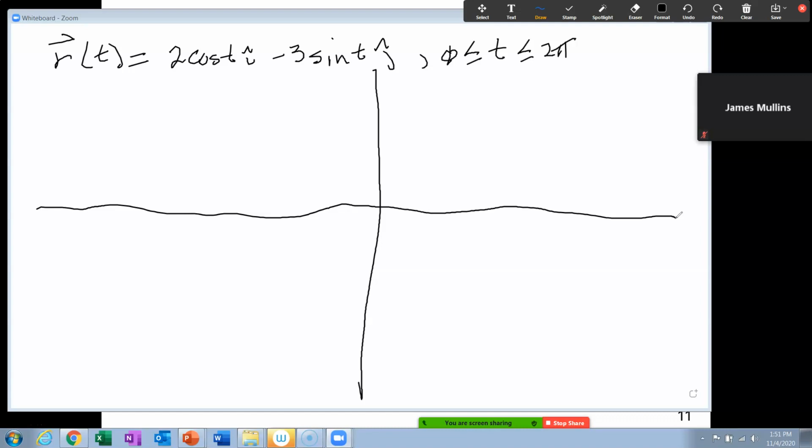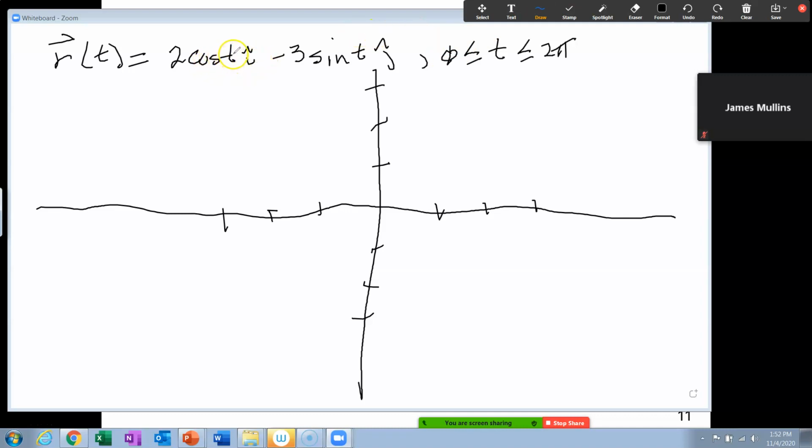I know that looking at this, cosine t goes between plus or minus 1, sine t goes between plus or minus 1, so therefore the x value is going to go between plus or minus 2, and the y value is going to go between plus or minus 3. So let's get that drawn in now. 1, 2, 3, negative 1, 2, 3. Then the x here, 1, 2, 3, and negative 1, 2, 3. We don't need those 3's. I just drew them because I drew them on the other. All right, so let's let t equal 0, its initial value.